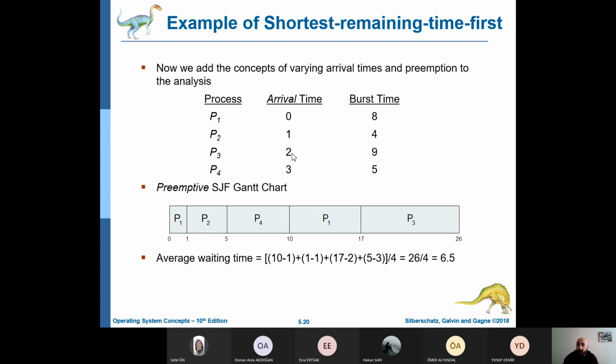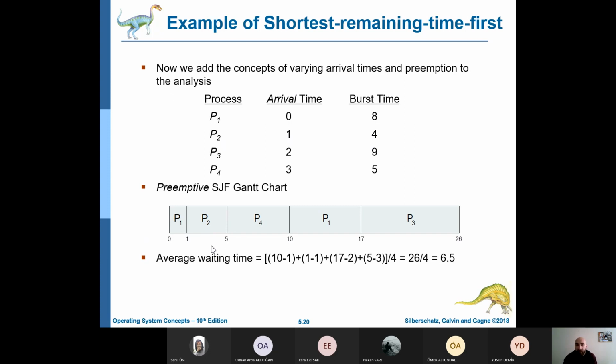At time 2, P3 will arrive in the ready queue, but the remaining time for P2 will be shorter than P3, so we are going to continue with P2. At time 3, P4 will arrive in the ready queue, but still the remaining part of P2 will be shorter than P4, so we are going to continue with P2.